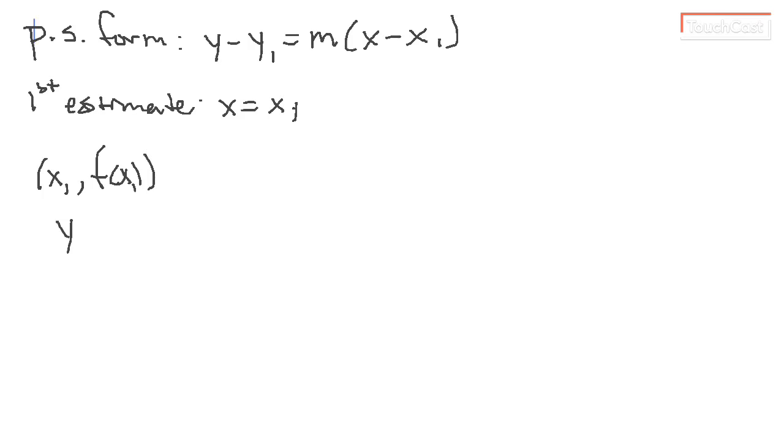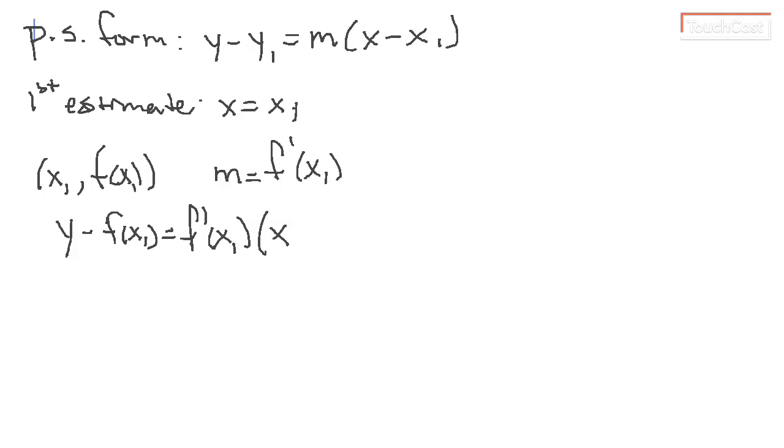We can have y minus f of x1 equals, now also keep in mind that the derivative looks at the slope at any given point. So we can say m is the first derivative at x1. So y minus f of x1 is equal to f prime of x1 times x minus x1.